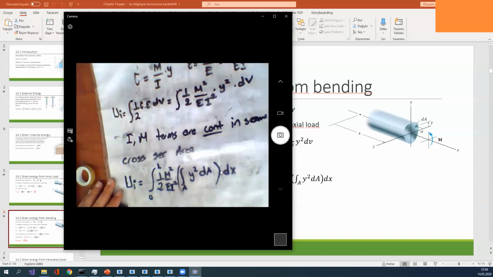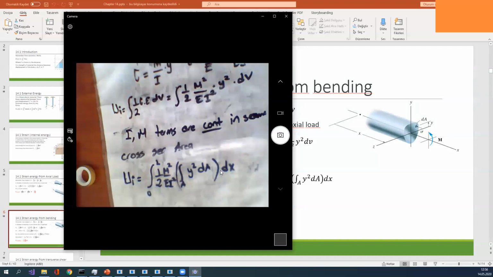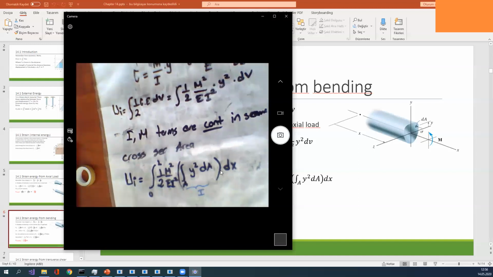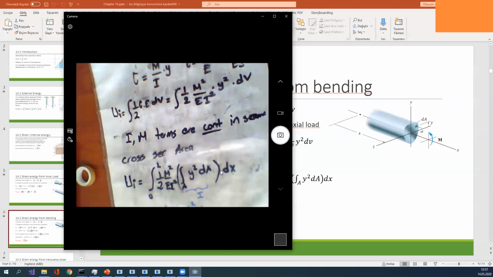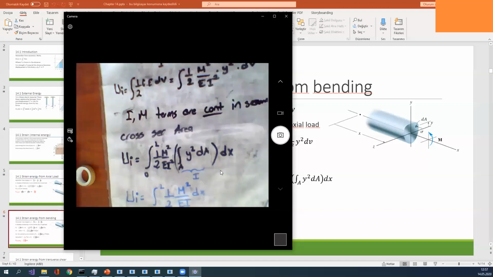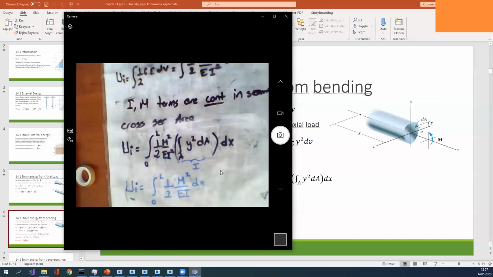You know, y squared dA is the moment of inertia, it's equal to I. Therefore, I times I divided by I squared, I can obtain Ui is equal to the integral from 0 to L of 1 over 2 M squared over EI dx. Sorry, this is the internal moment energy.